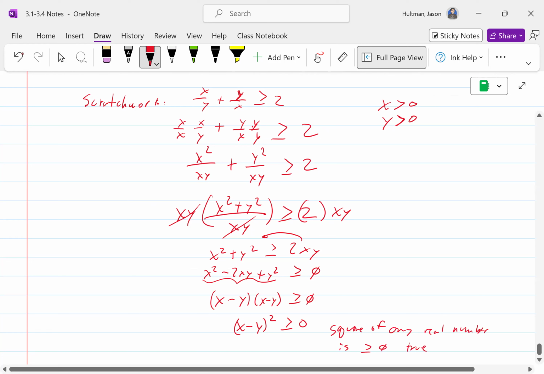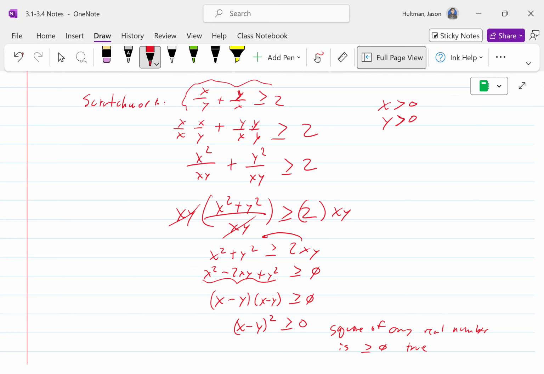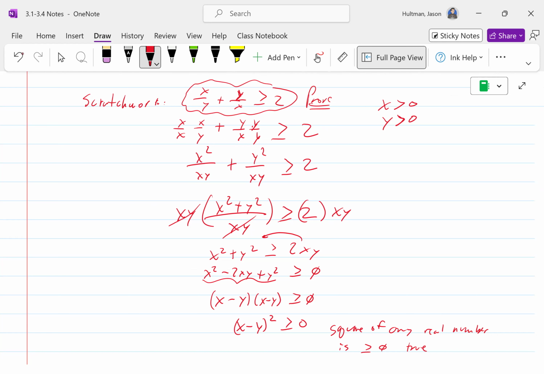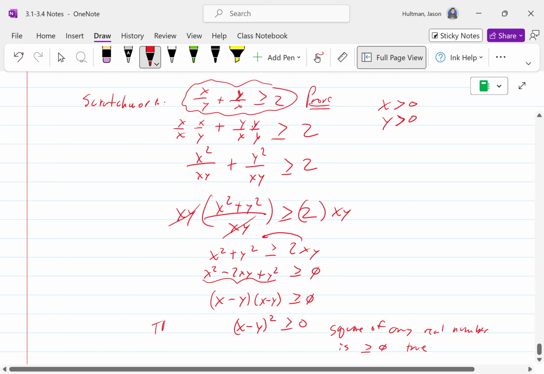So the thing I want to prove is up here. I want to build a bridge to that statement using another statement that's a true statement. Assume that this is true, by definition, that's true.